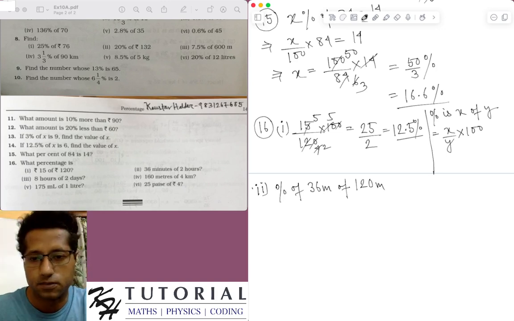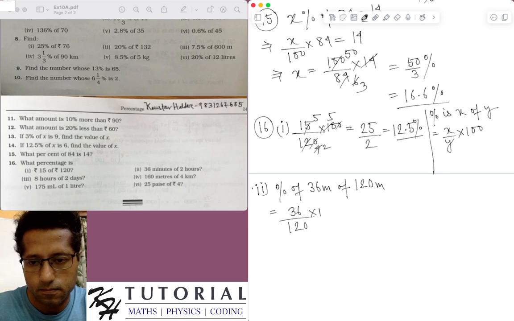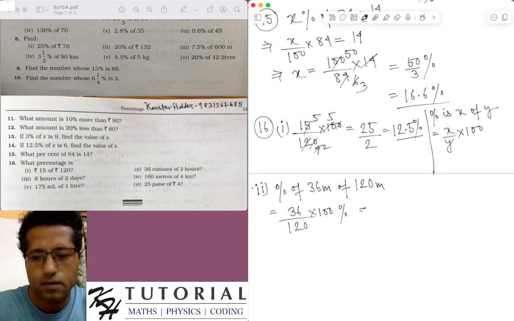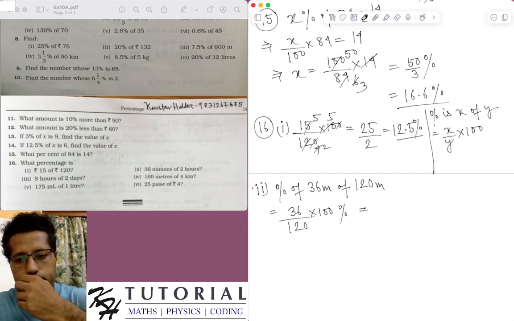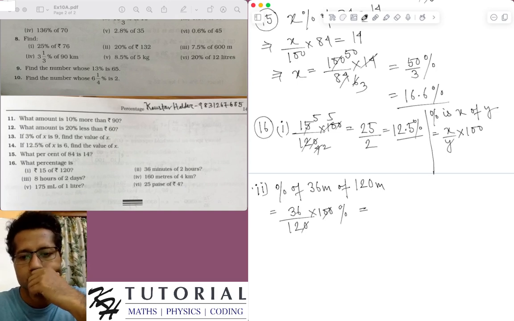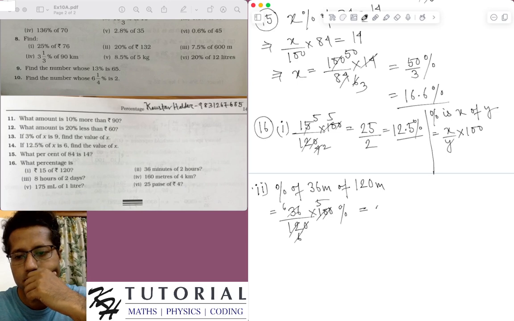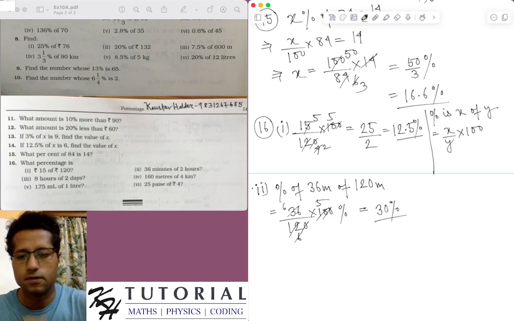Now we have to find the percentage. This is equal to 36 divided by 120 multiplied by 100. So the answer is 30%.